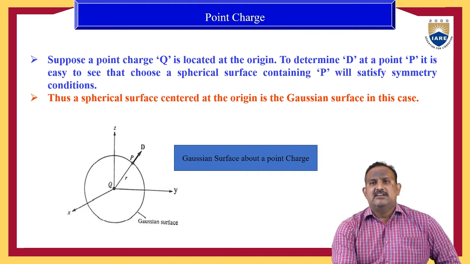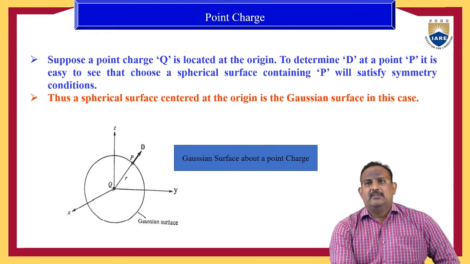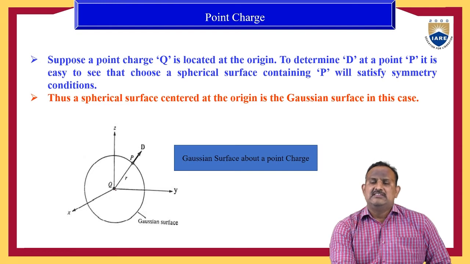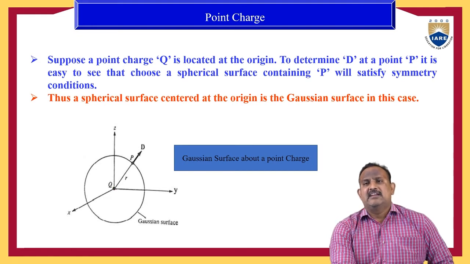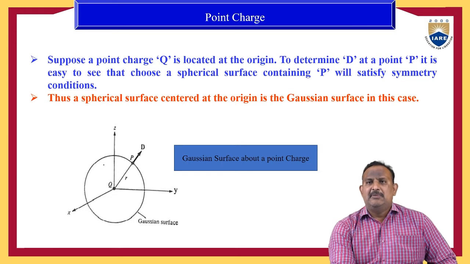That Q is a point charge which is at the center of the rectangular coordinate system. To apply Gauss law, first of all, we need to check whether there is a uniform charge distribution or not. Let us assume a uniform charge distribution. Then the second step is we need to construct a Gaussian circle, or mathematical circle.